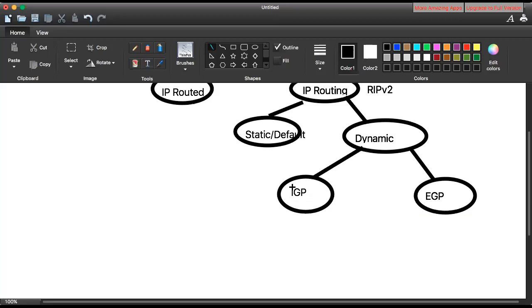Now, what is an autonomous system? It's basically a number. Let me just put it here.